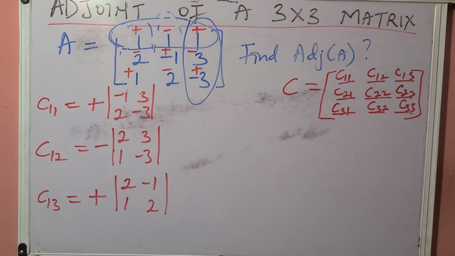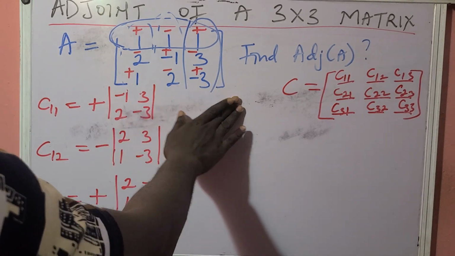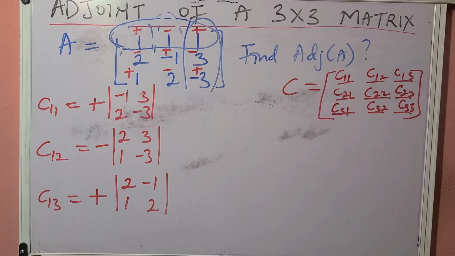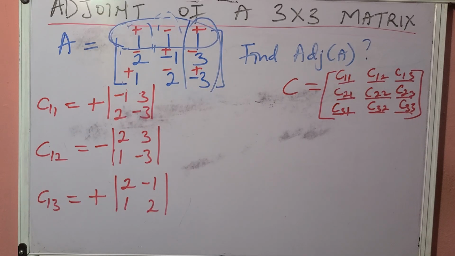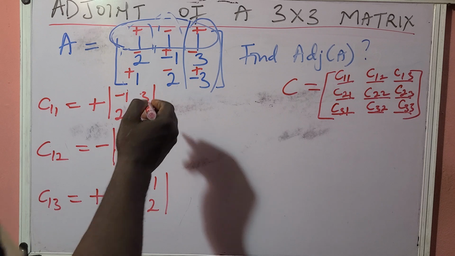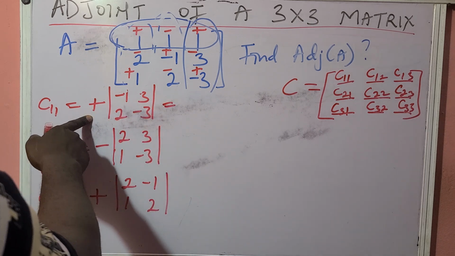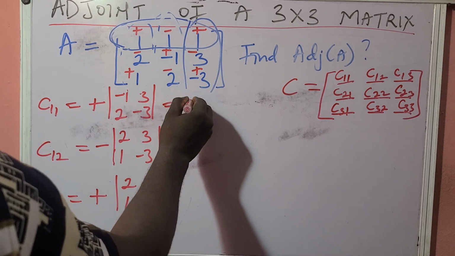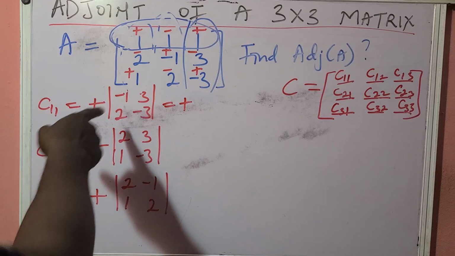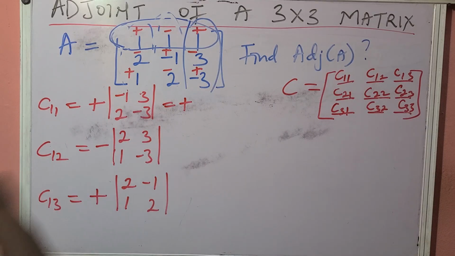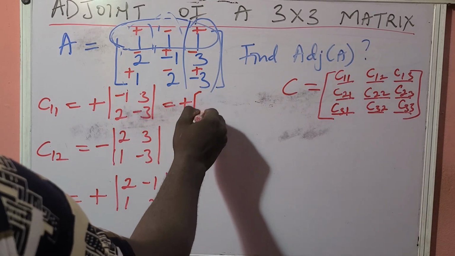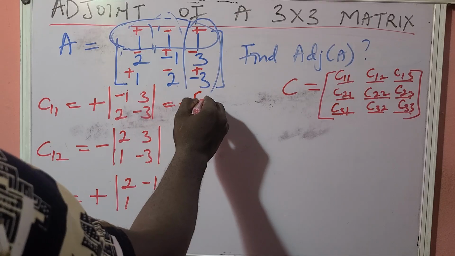Now looking at what you have right here, you can then go on to resolve this. So let's try and resolve these first 3 elements of the cofactor matrix. To find the determinant of this, we have the plus sign here. Determinant will be -1 times -3, that will be 3.